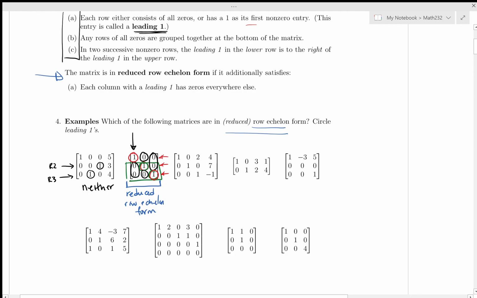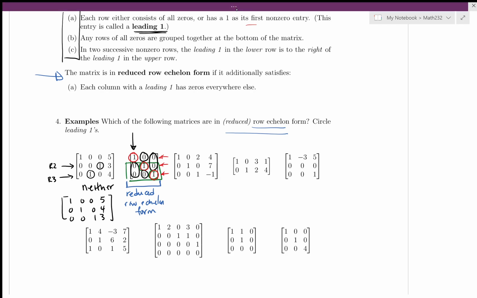I could swap those two rows. Let me just do that: 1, 0, 0, 5; 0, 1, 0, 4; 0, 0, 1, 3. I've swapped those two rows, and I now have something that is in reduced row echelon form. I'm going to circle the leading ones.